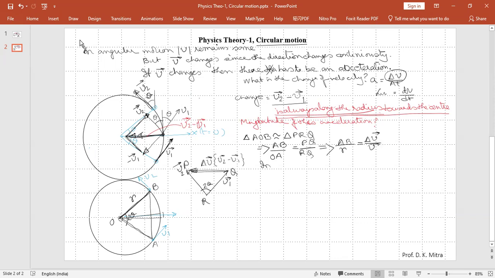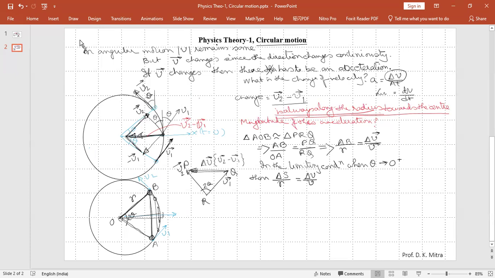So, in the limiting condition, theta is almost equal to zero, then this arc AB will actually reduce, and in the limiting condition, it is the del S. That means the small change in the path, del S by R, is equal to del V by V. We do not use the vector sign anymore because we are now trying to find out the magnitude of the acceleration.